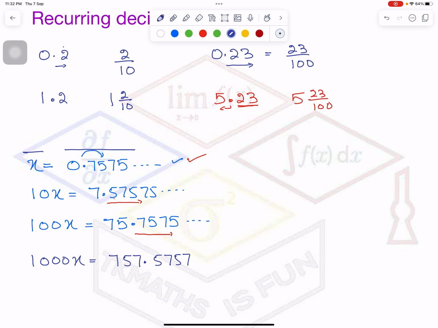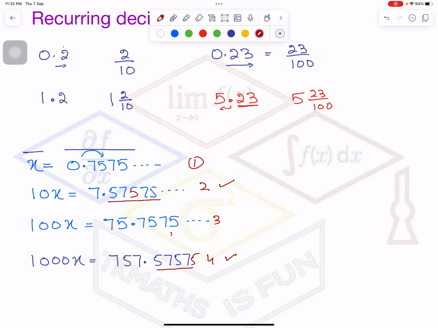If you see now, let me number it. Let me call this 1, 2, 3 and 4. Now if you see, in 2 and 3, the digits after decimal are same. It is 5757, as many times you want to write.